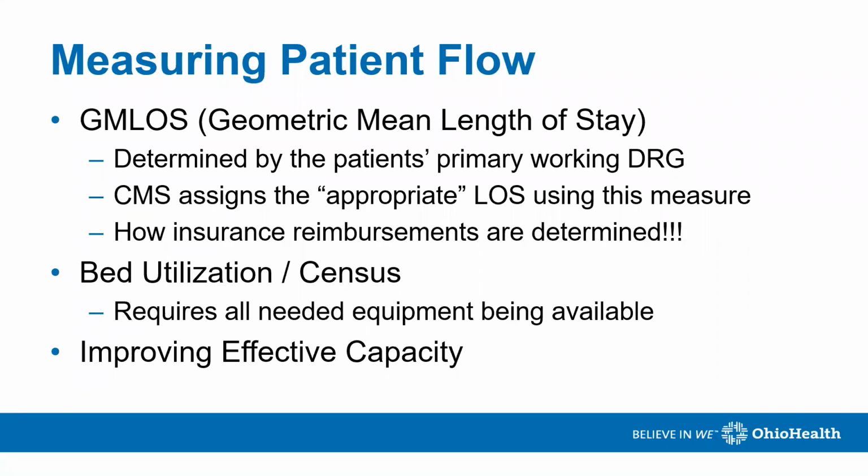There is a big table, updated frequently, that ties the patient's DRG, so their working diagnosis, their primary reason for being there, as well as significant complicating factors, in a table that associates those with the length of stay. Our friends at CMS assign that. They're the ones who keep that. And that is the key for how insurance reimbursements are determined.